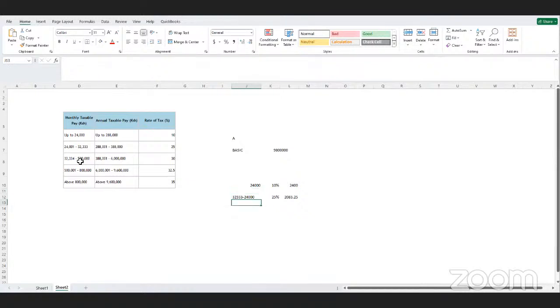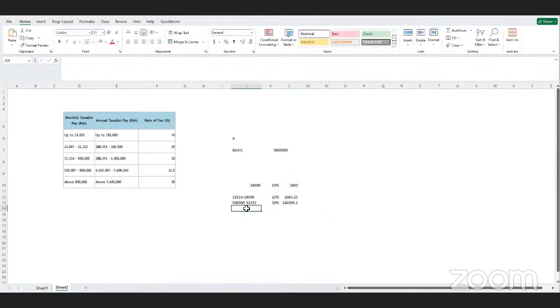So 500,000 minus 32,333, and the percentage is 30%. Close the bracket. Whatever you are getting, multiply by 30%. It will give us that.